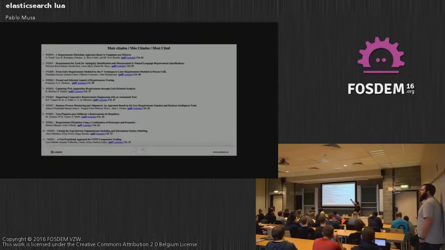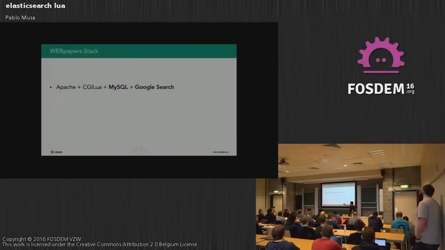And there is also another link that gets you to the most cited papers. So it orders, again in a raw form, the papers based on the citations. So it's a website with 3 pages, really simple. It was designed with Apache, CGI Lua, MySQL, and the search was based on Google search.